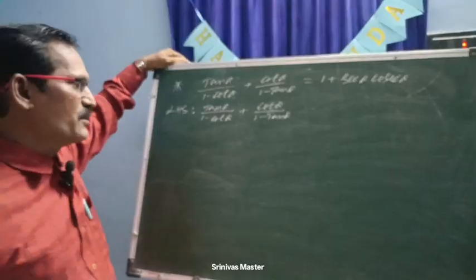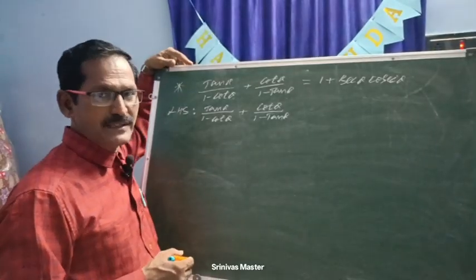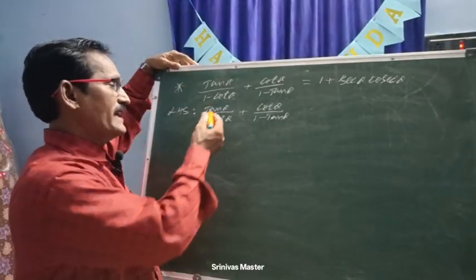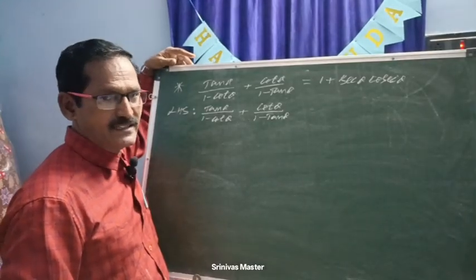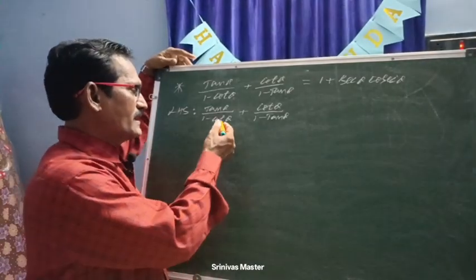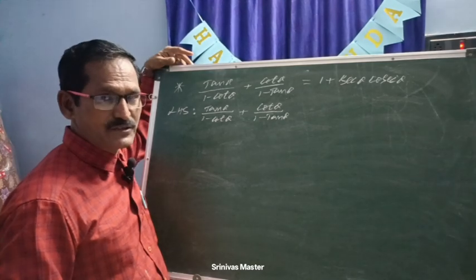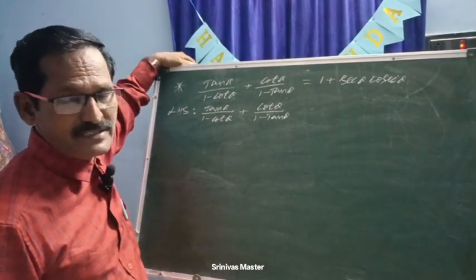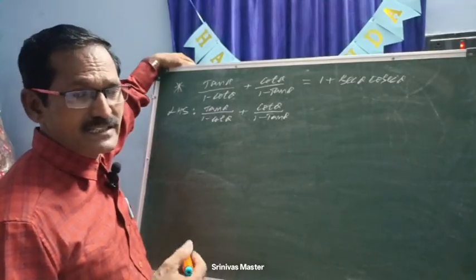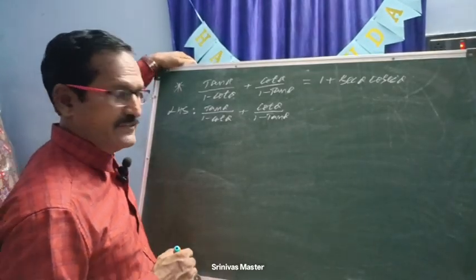Actually, you can do this problem in a different manner. You can convert tan into the ratio of sine and cos, and cot into the ratio of cos and sine. That means tan theta can be written as sin theta by cos theta, and cot theta can be written as cos theta by sin theta. That is one of the ways.